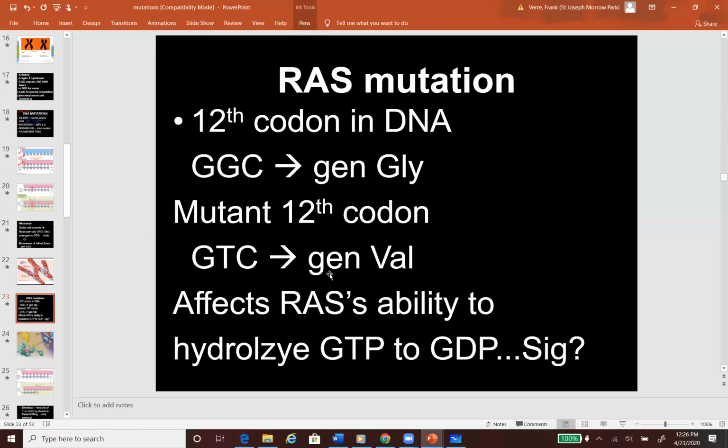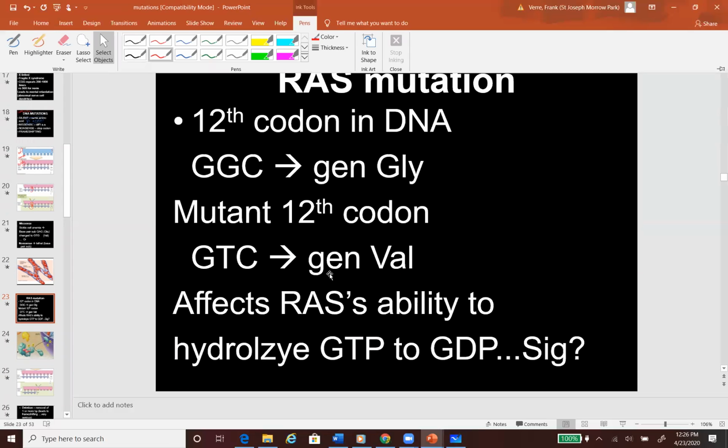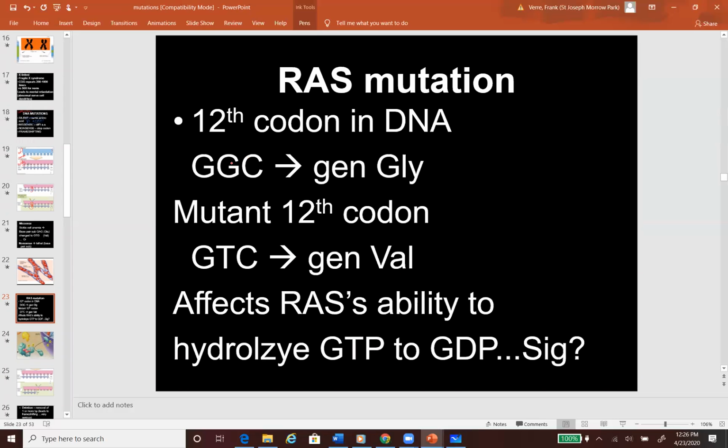Here's another example. You can see the 12th codon in a protein called RAS, all right? The codon that gives you glycine is GGC, but there's a mutation that gives you GTC.